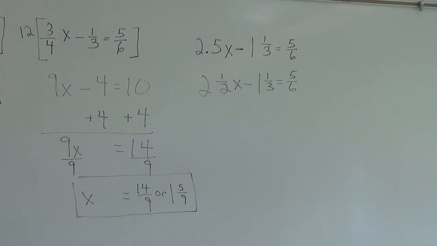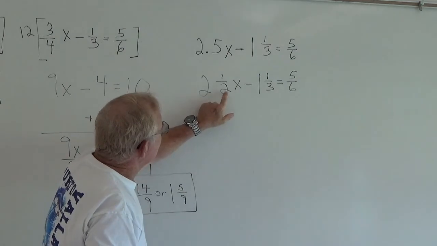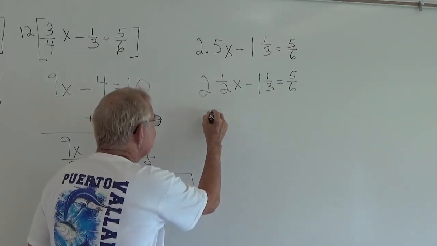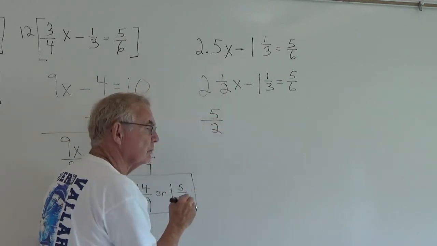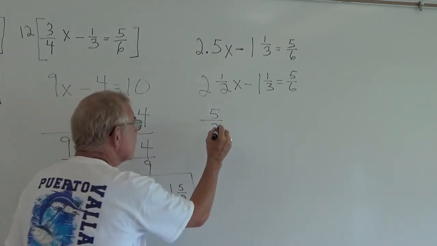Now, you've got what's called a mixed number. Well, let's get rid of that, so we can do it like the previous one. 2 1/2. 2 times 2 is 4, plus 1 is 5. Isn't that equivalent to 5 over 2? 5 over 2 is 2.5 x.